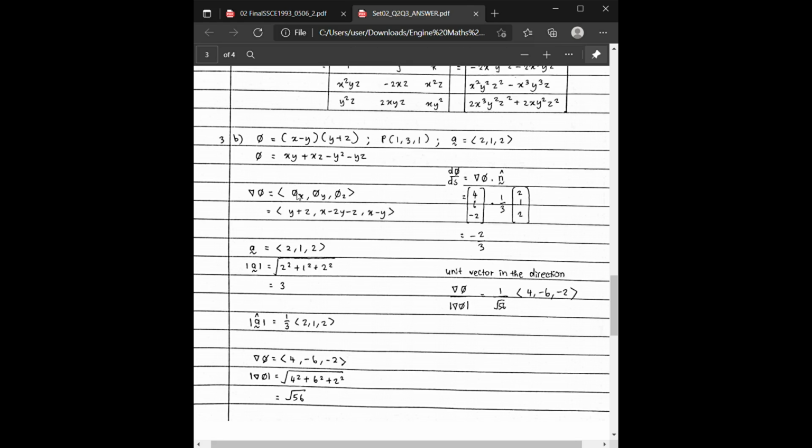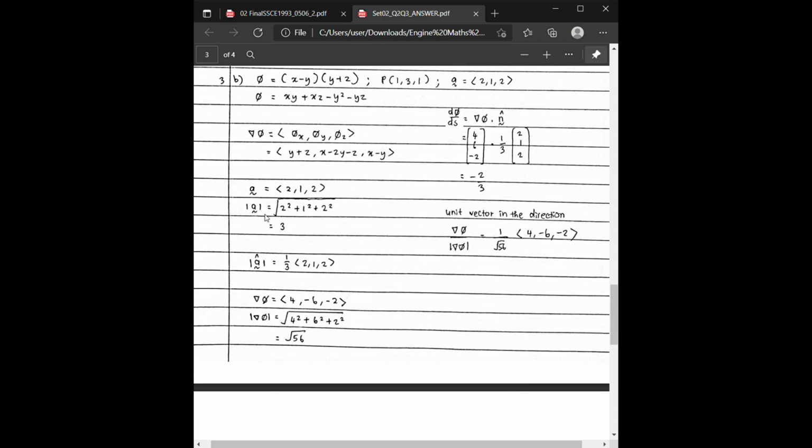So from 3a, we get y plus z, x minus 2y minus z, x minus y.